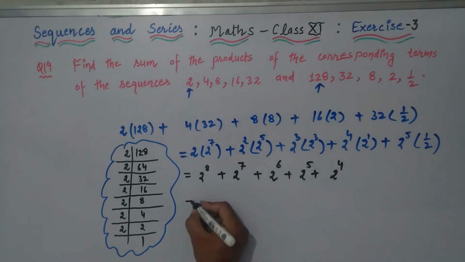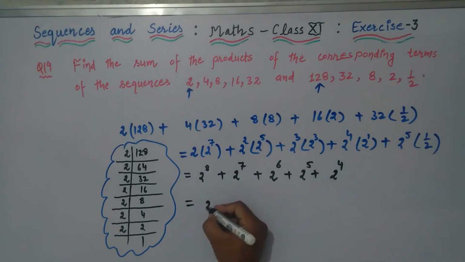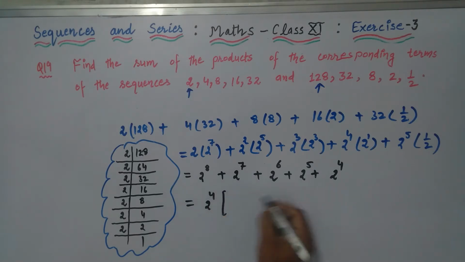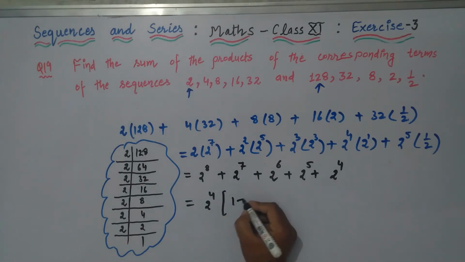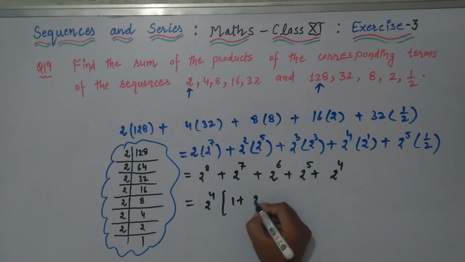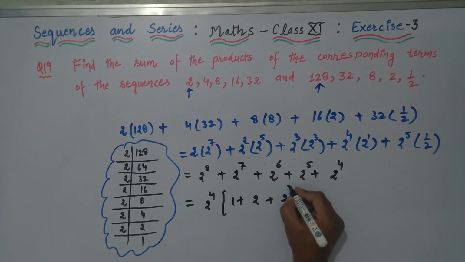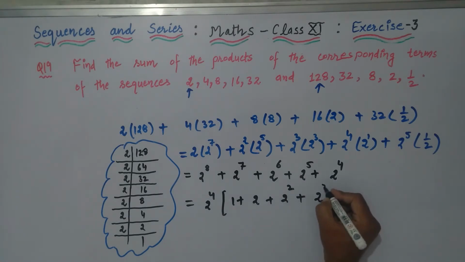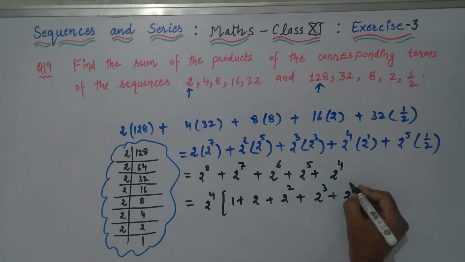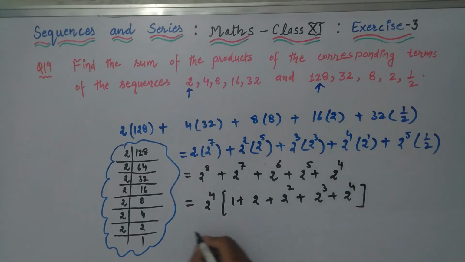So we can take 2 raised to power 4 common, so we are left with 1 plus 2 plus 2 raised to power 2 plus 2 raised to power 3 plus 2 raised to power 4. So what is this? This is a GP with 5 terms.